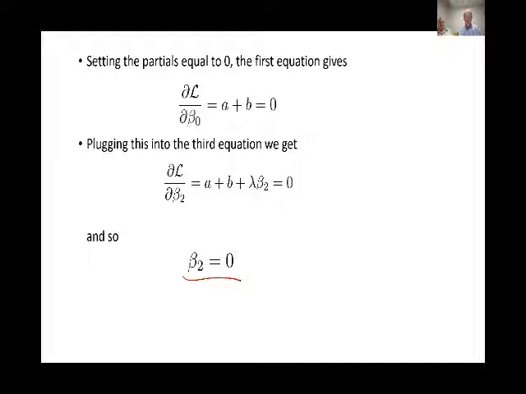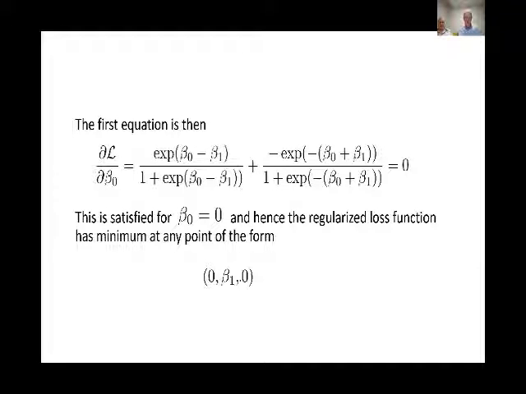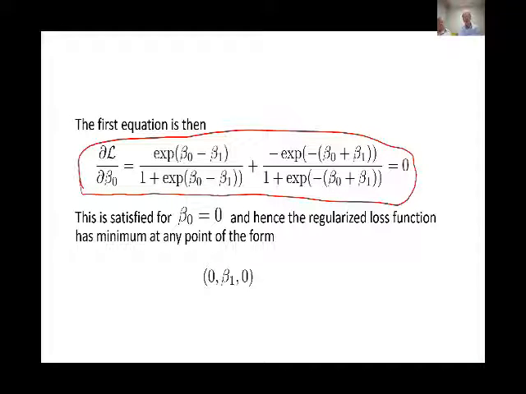So beta 2 is 0, and that means it drops out. And what we end up with is this equation here. And you can see that these are almost the same here. There's a minus here. So if we put beta 0 equal to 0, then this term here and this term here are the same. And this one has a minus in front of it.